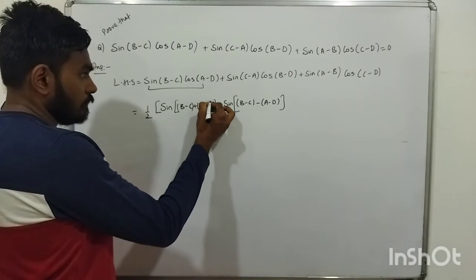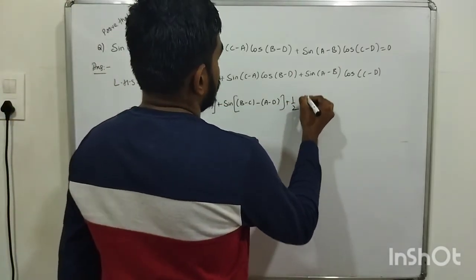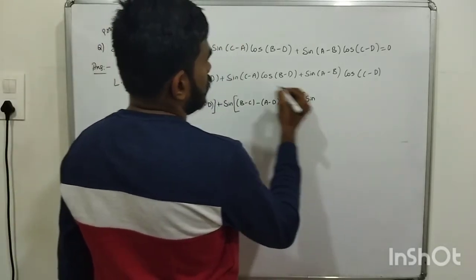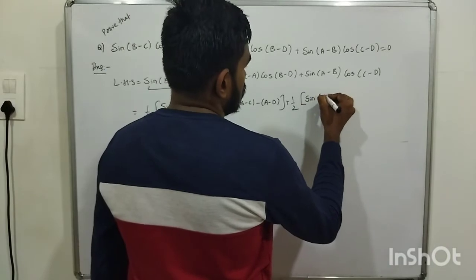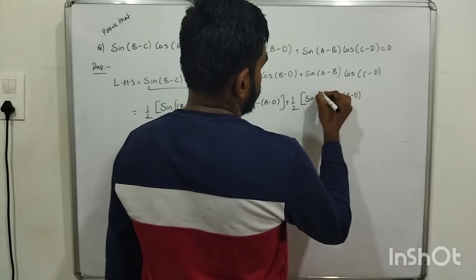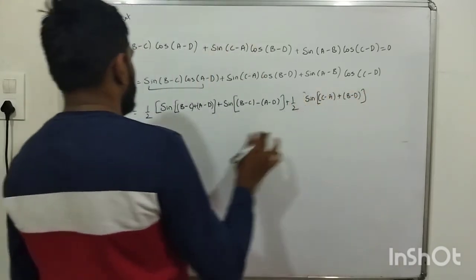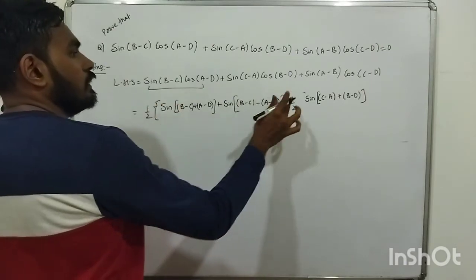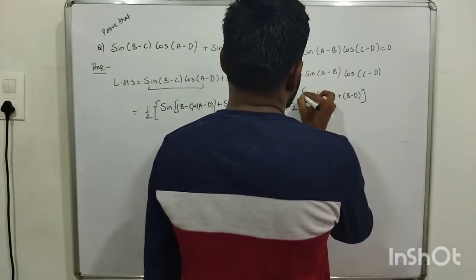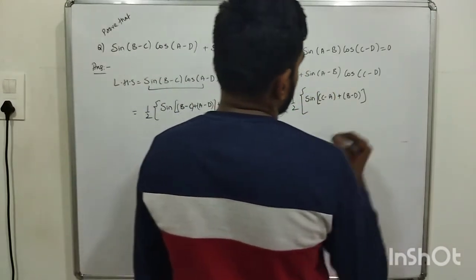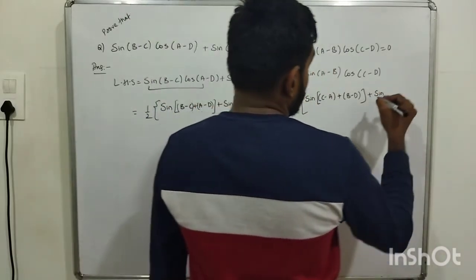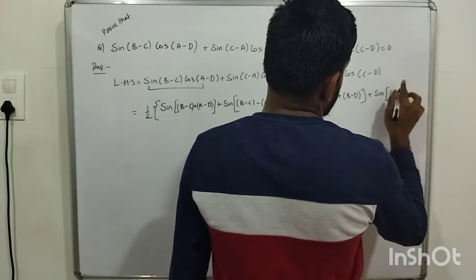plus half sin(c minus a), again same thing here also: sin(c minus a plus b minus d) plus sin(c minus a minus b minus d).